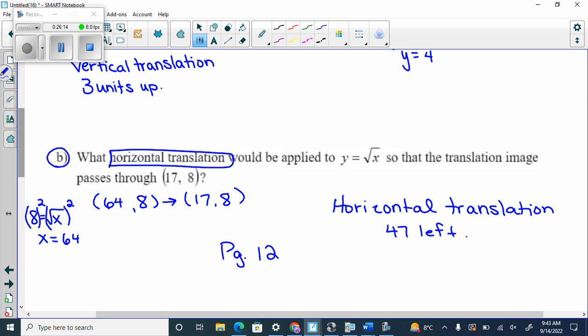Okay. So, page 12, I want you to do 3, 4C, 5A, 7.